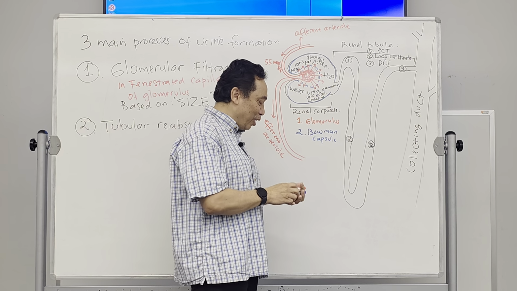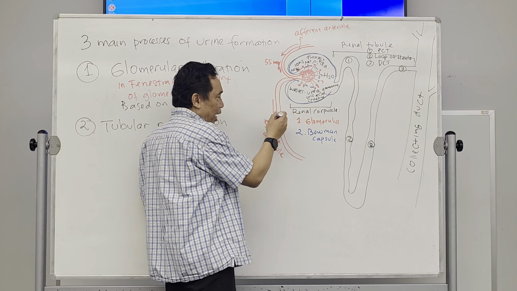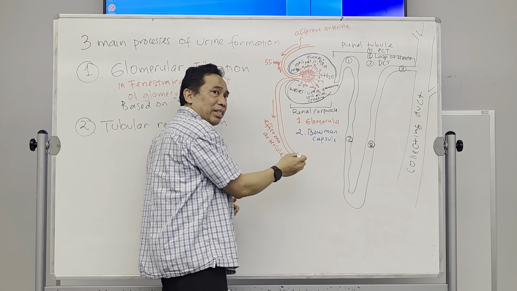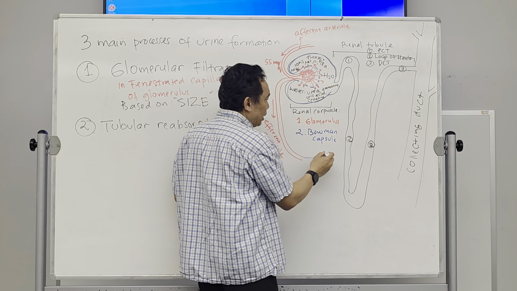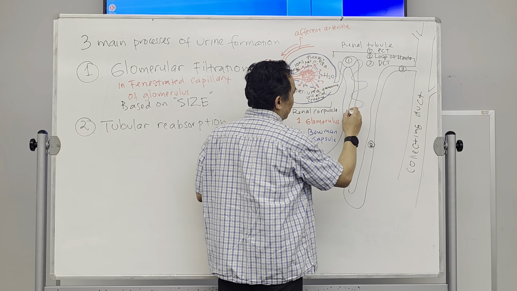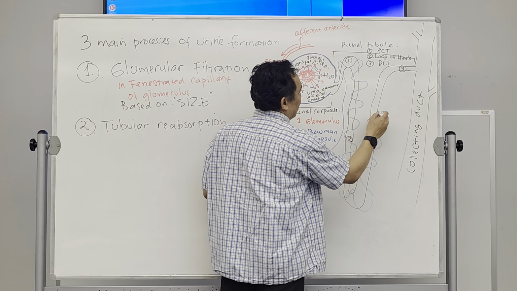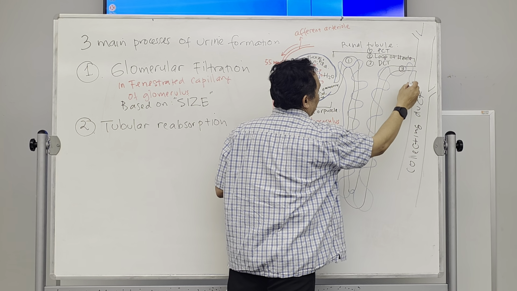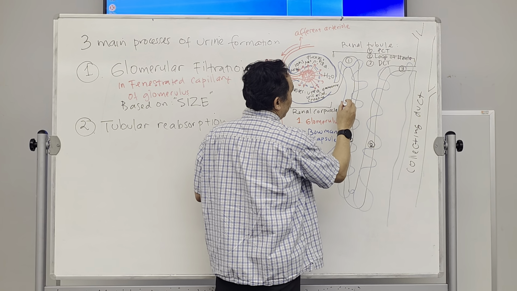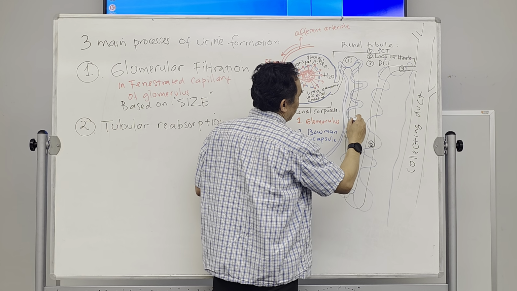How? We're going to continue the blood flowing. The blood vessel, after coming out from the glomerulus, actually follows this tube. So it's following the tubule. I'm going to use blue color over here to show this blood vessel that follows the tubule.